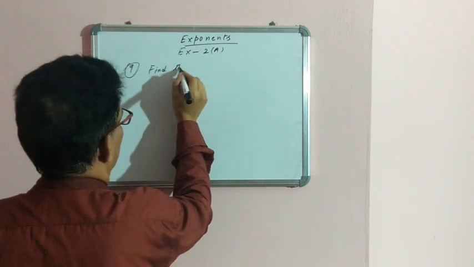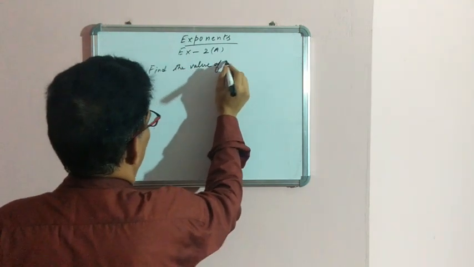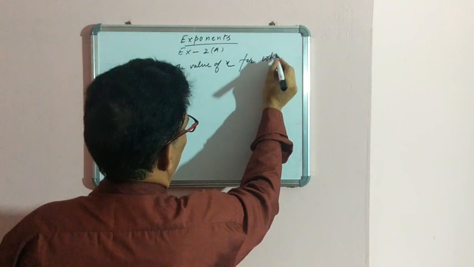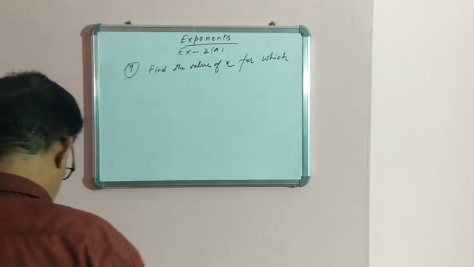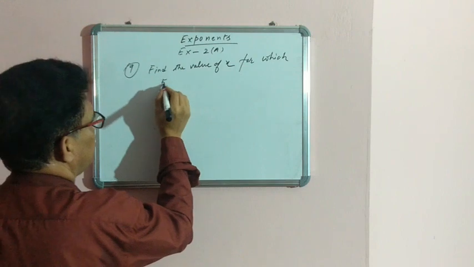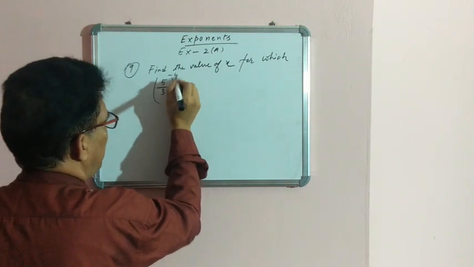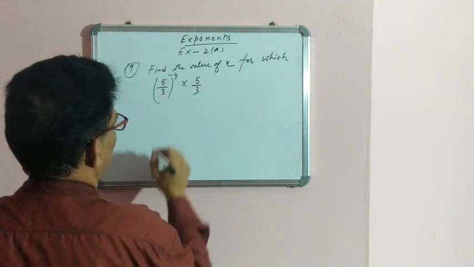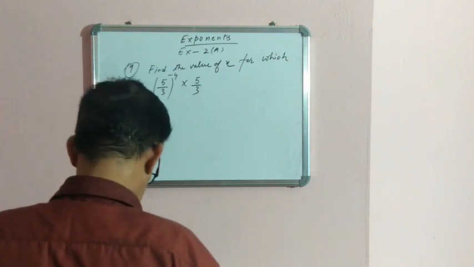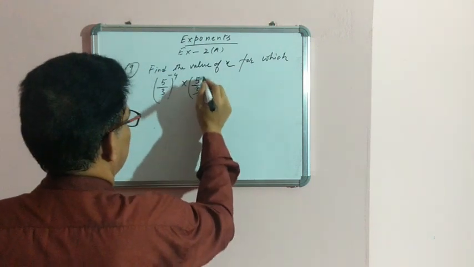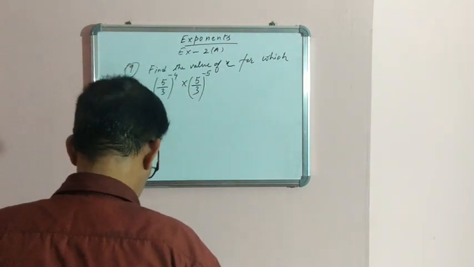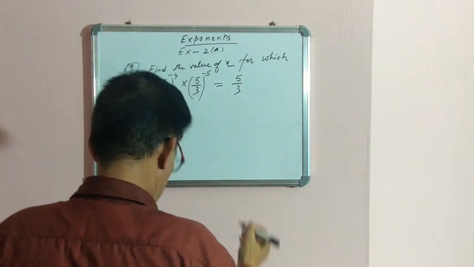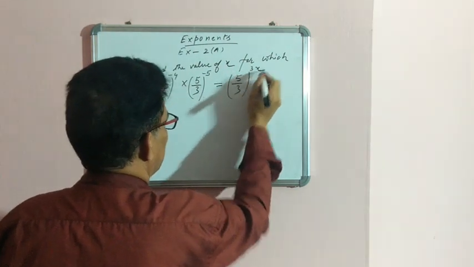Find the value of x for which we have 5 by 3 power minus 4 into 5 by 3 power minus 5 is equal to 5 by 3 power 3x is there.